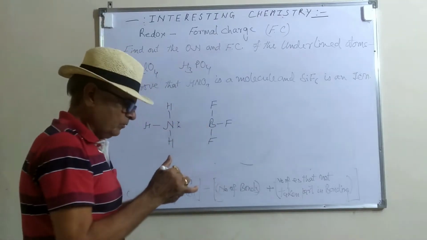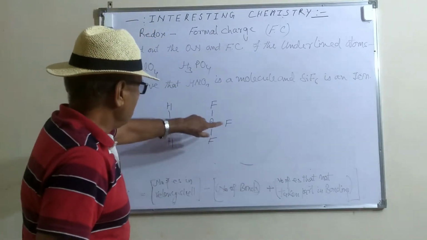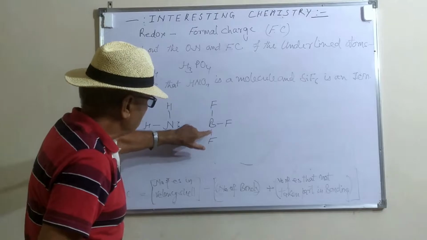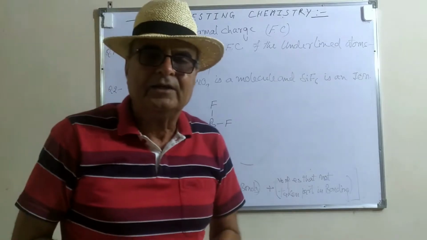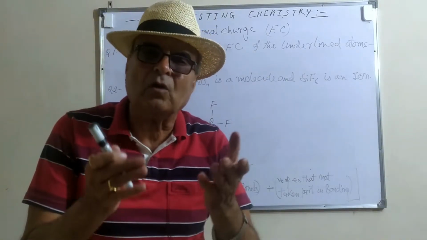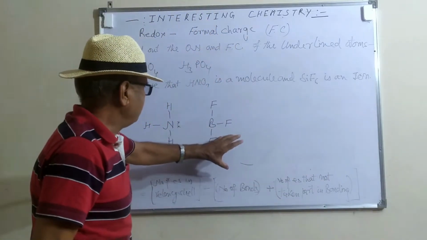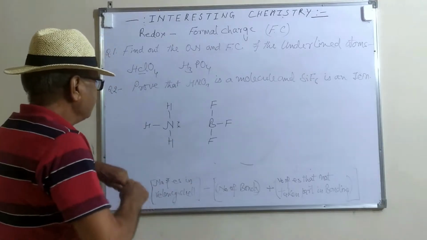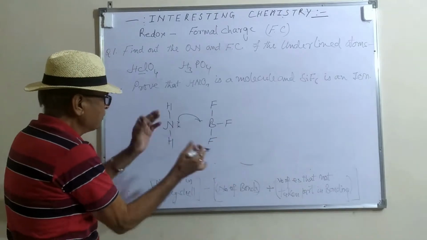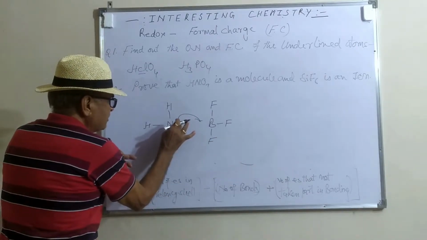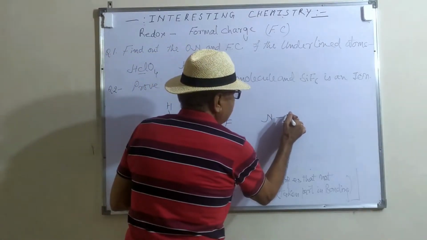This boron atom is electron deficient. It has not completed its octet: 2, 2 and 2, only 6 electrons are there. So it is unstable. When the boron comes in contact with the nitrogen, the nitrogen will give it the electron pair. So it is a partial transfer, and they will be bonded with each other.